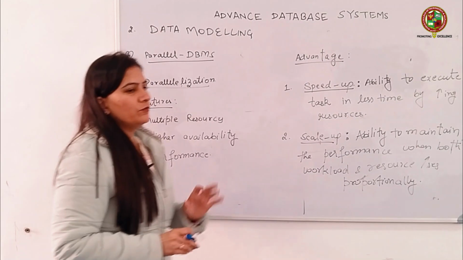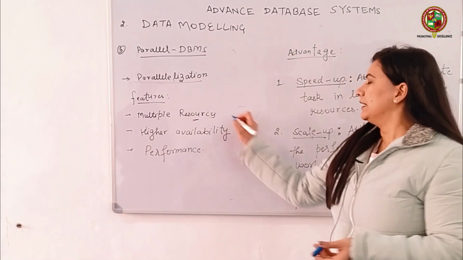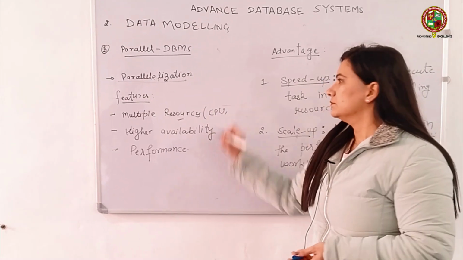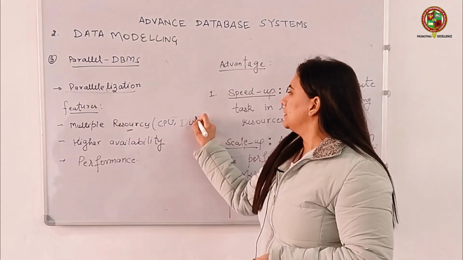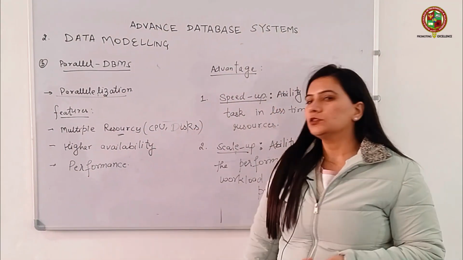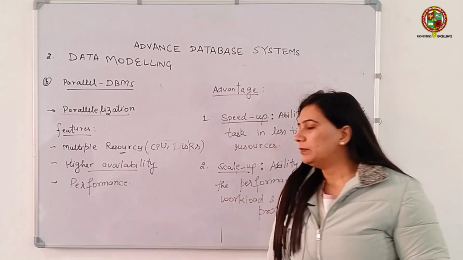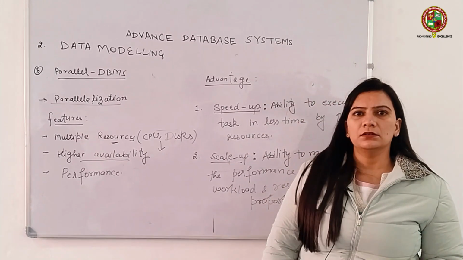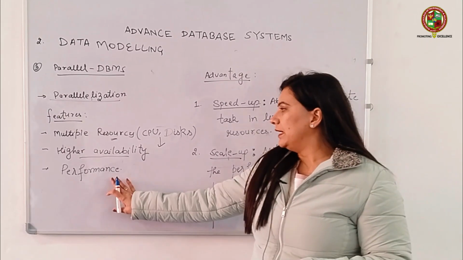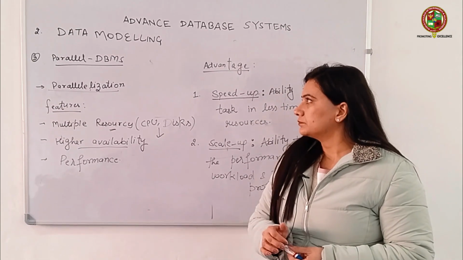So the main feature of this DBMS is that it uses multiple resources, like we can use multiple CPUs at the same time, and we can use multiple disks simultaneously through which we are using the database. Plus, the higher availability of the resources is also one of the advanced features of the parallel DBMS, and then we have the performance measures of the parallel DBMS.